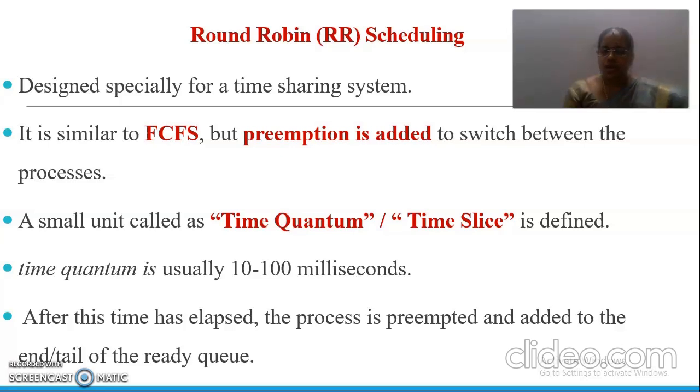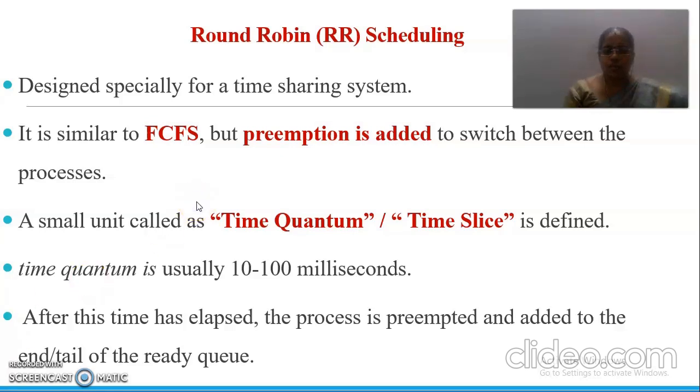Once the time quantum has elapsed for a particular process, the process is preempted and added to the ready queue. Likewise, each and every process acquires its time quantum. If it can finish, the work will be done by the process. If not, it will get its turn again after the other processes, based on the time quantum.